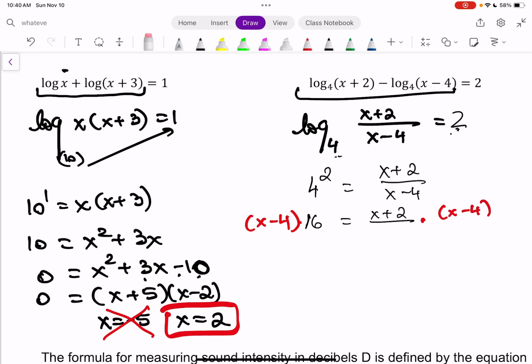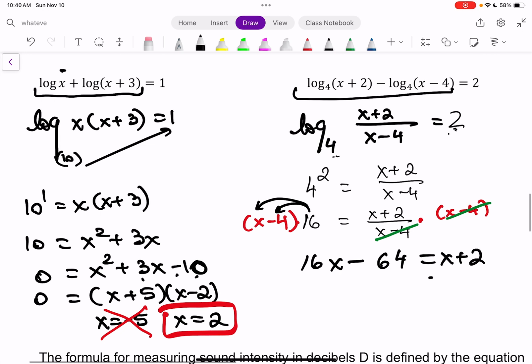So therefore, the x minus 4 is going to go away. It's going to get put over to the other side of the equal, therefore. So there I have 16x minus 64 equals x plus 2.